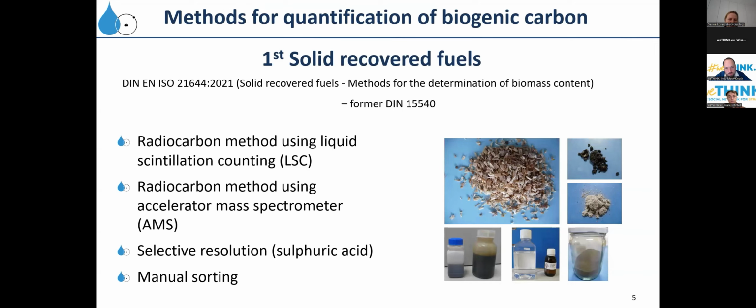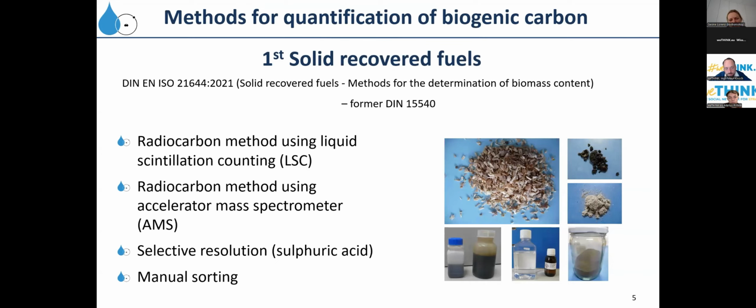And the differentiation to the radiocarbon method is that the selective dissolution gives the biomass of a sample, while radiocarbon methods give the percentage of biogenic carbon related to the total carbon of a sample.